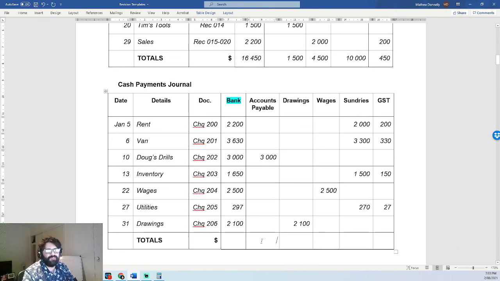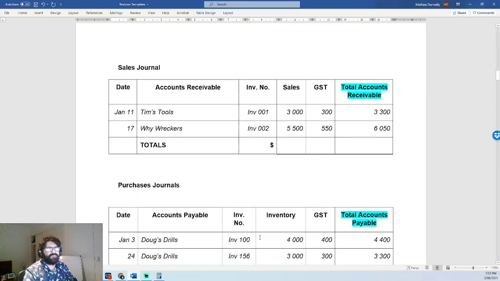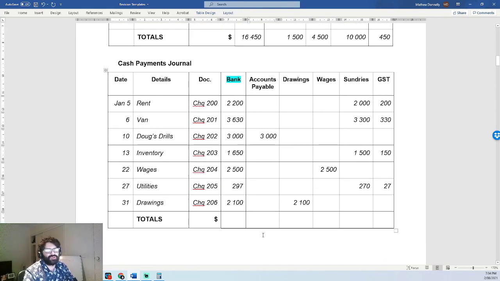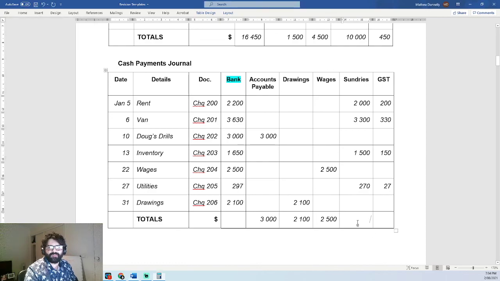We now rinse and repeat for the cash payments journal, the sales journal, and the purchases journal. So let's just do that quickly. 3,000, 2,100, 2,500. Next, we would do our subtotals, and we see exact same issue. 2,000 plus 3,300 plus 1,500 plus 270 is 7070.